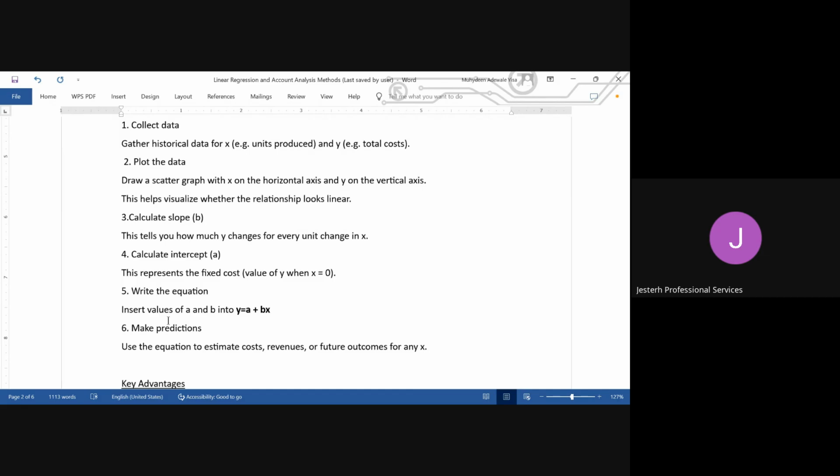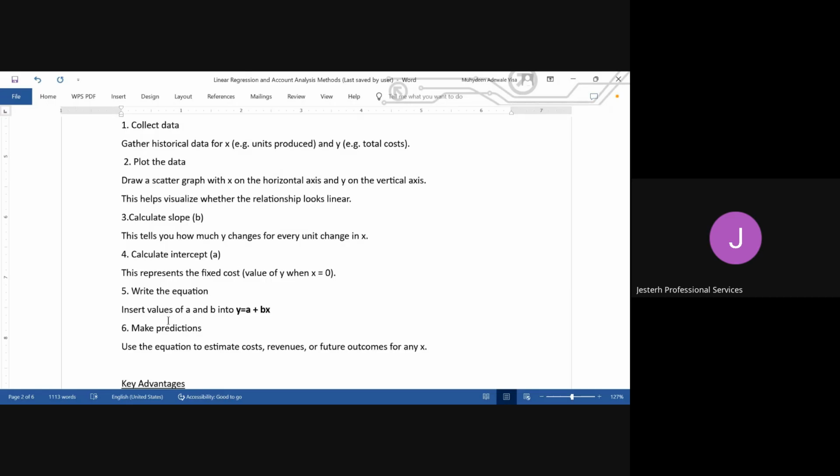Then we use those differences to ascertain the variable costs, and after that we are able to determine our fixed cost. And then we use all we get to determine our cost function. That is what the fifth step is all about.